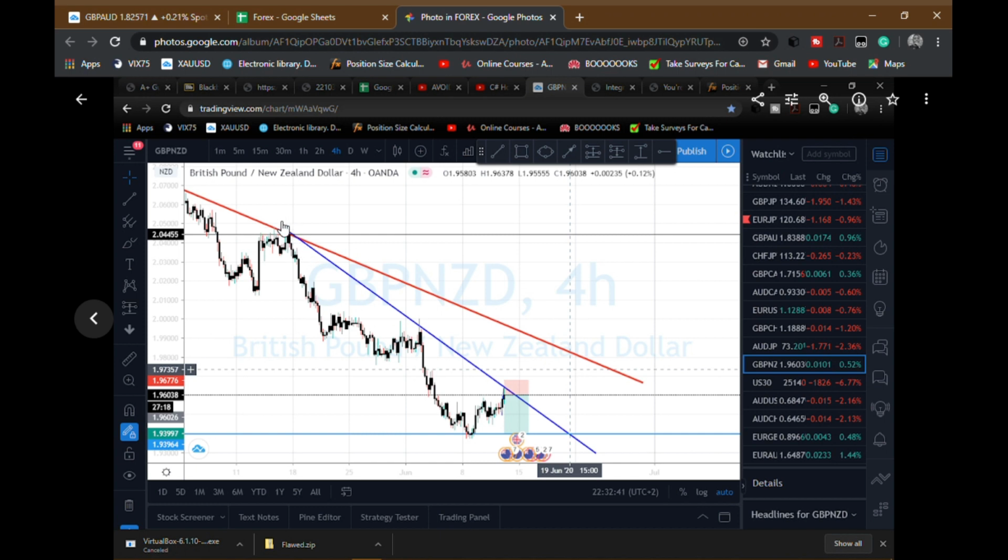You see, this trend line is undeniable, very clear. So I wait for the price to come back to the trend line, and when it hits the trend line and shows me some rejection, that's where I enter. I enter right here and aim for the next structure level. So in this case, it was a resistance.